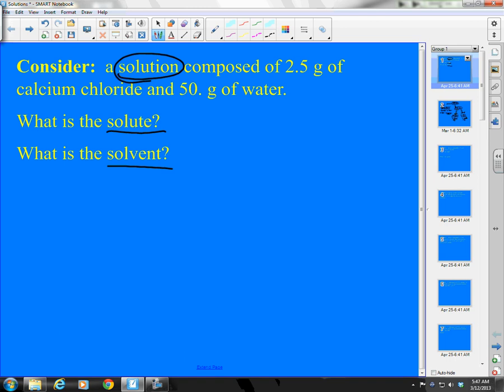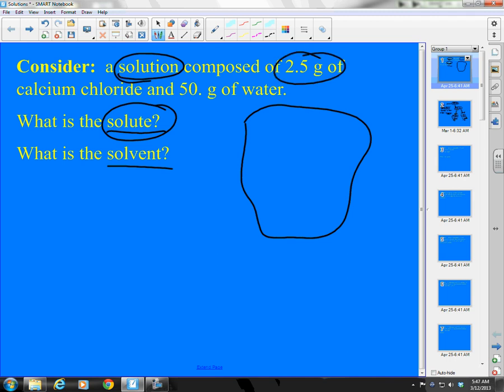Consider a solution. Okay, so I'm considering a solution. So here's my solution. And that means I have uniform dispersal of one thing throughout another. What is my solute? Well, solute is lesser quantity. So I have 2.5 grams of calcium chloride.